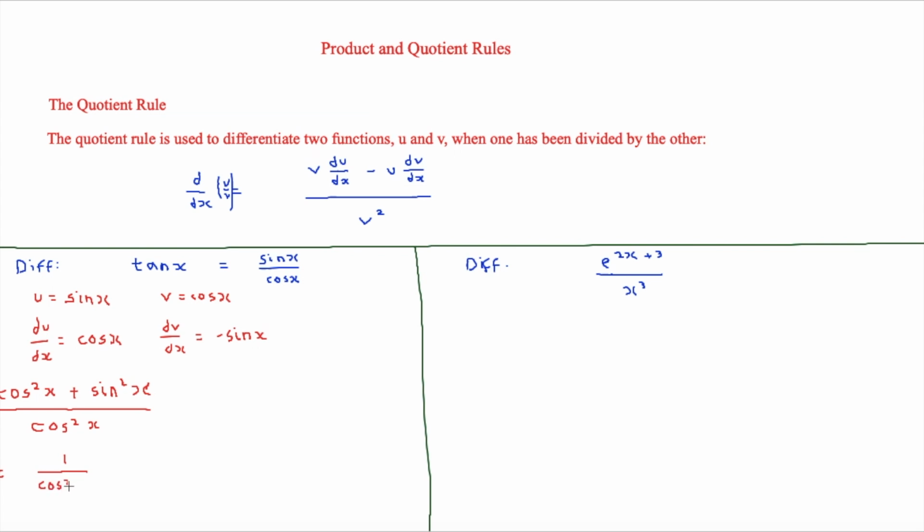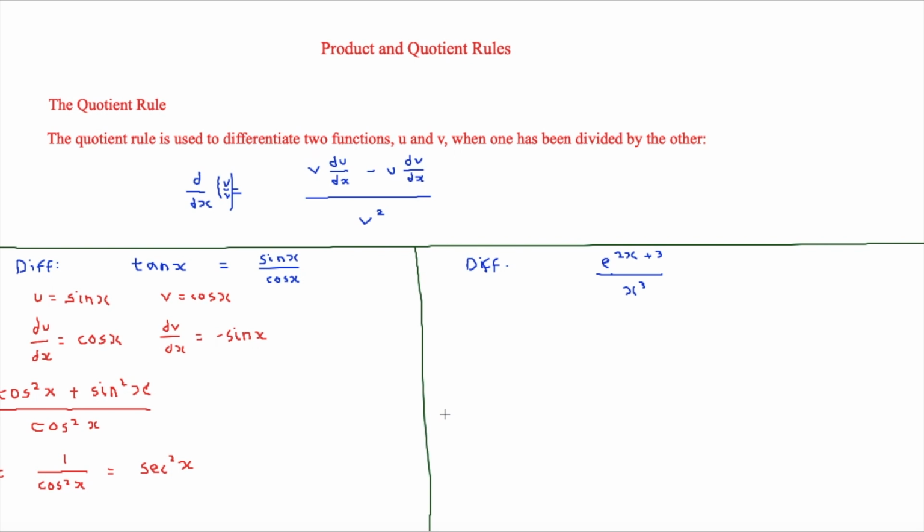And using those reciprocal trigonometric identities, we know that that is going to be sec squared x. So that is how you prove that the derivative of tan x is equal to sec squared x. It's good to remember that one because it can come up, but that is how you prove it if you need to prove it.